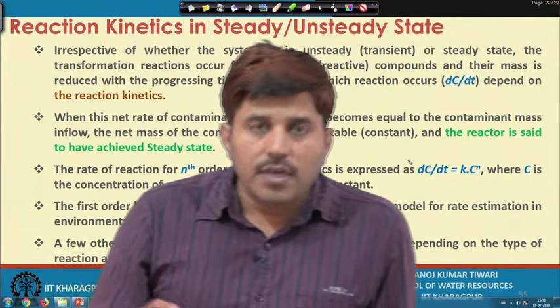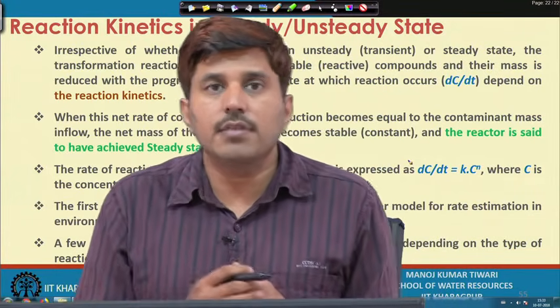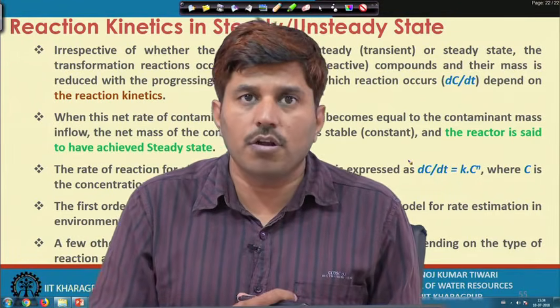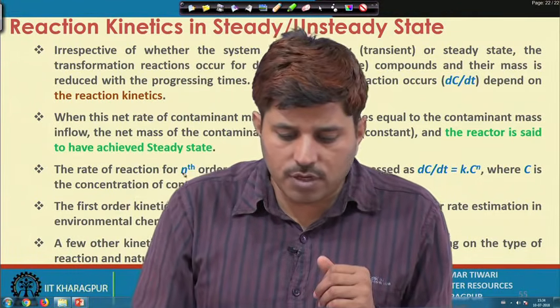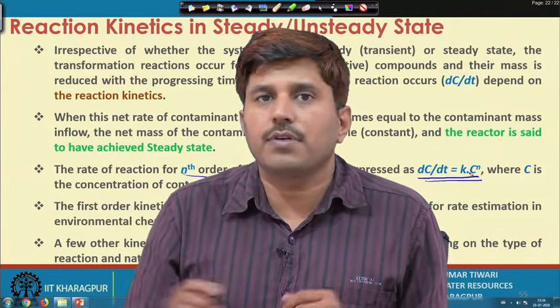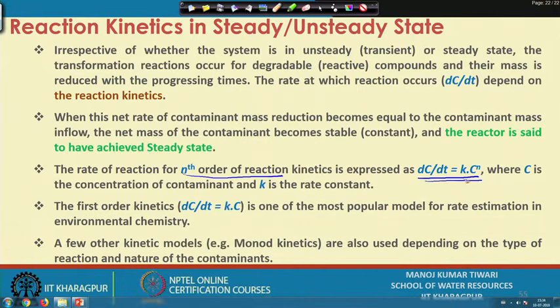These terms become constant that way. Now, the most common reaction kinetics usually considered depends on the order of reaction. If it is an nth order reaction, then the rate of change of concentration due to reaction, dC by dt, is taken as k C to the power n, where C is the concentration and k is the rate constant.